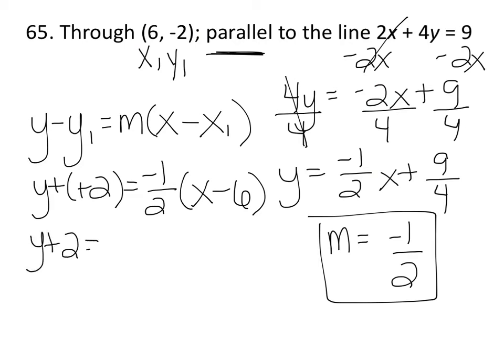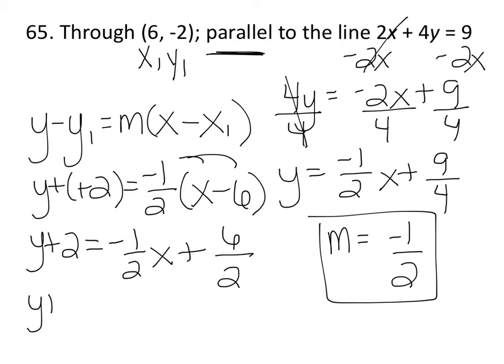Y plus 2 is equal to, distribute, negative 1/2 x plus, because it's a negative times a negative, 6/2, which is just 3, right? So you have y plus 2 is equal to negative 1/2 x plus 3. And they want it in standard form.